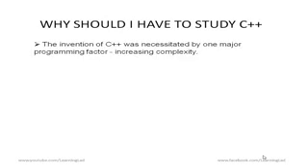The invention of C++ was necessitated by one of the major programming factors, which was increasing complexity. If you are a C programmer, you may be aware that when the number of lines in the source code increases, or your application becomes complex, it's very difficult to manage that program in C. To solve that kind of problem, C++ was invented.